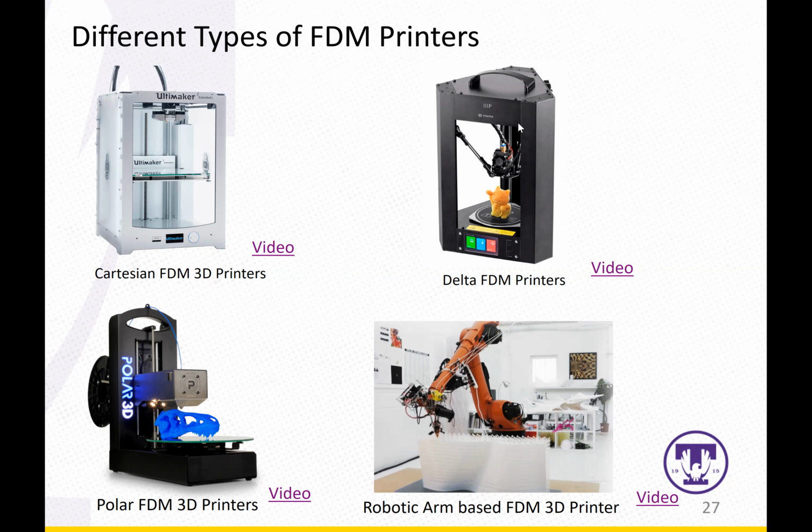And that could be a good direction for robot arm-based printing. Also, as I mentioned in the last class, the metal cladding based printing already has multiple degrees of freedom.